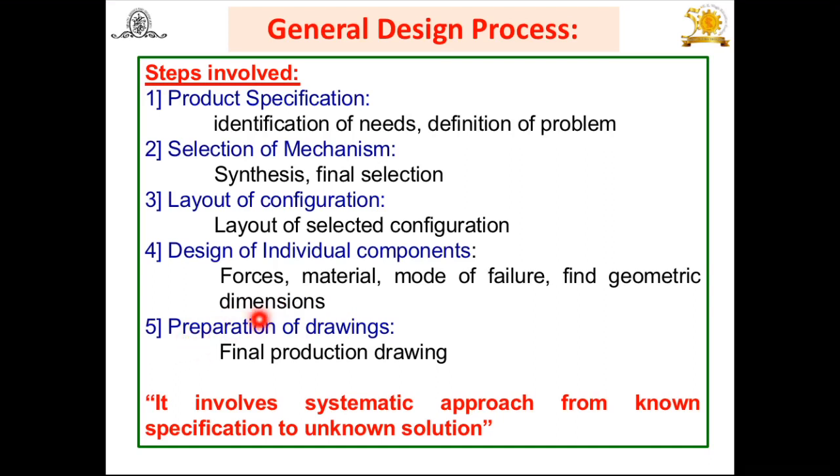And last one, once all the components are designed, we have to assemble it, and then preparation of drawing, maybe assembly drawing, maybe detailed drawing. Again, it should be the production drawing. Production drawing means use of limits, fits, tolerances, surface roughness, geometric tolerances also. All this that we have to apply here. Then it becomes a production drawing. That means in design, it involves systematic approach from known specification to unknown solution.